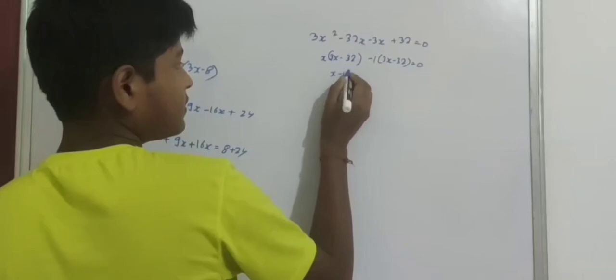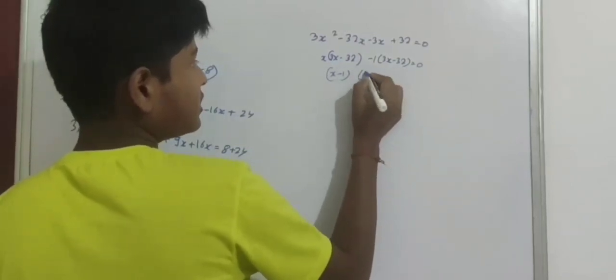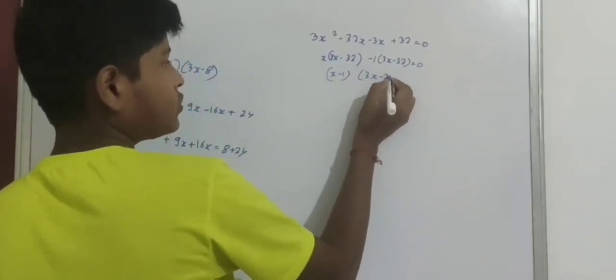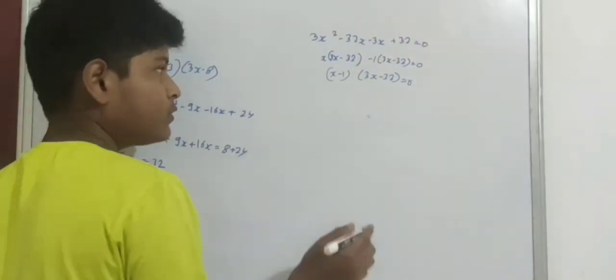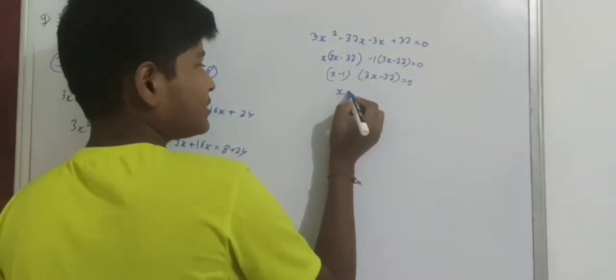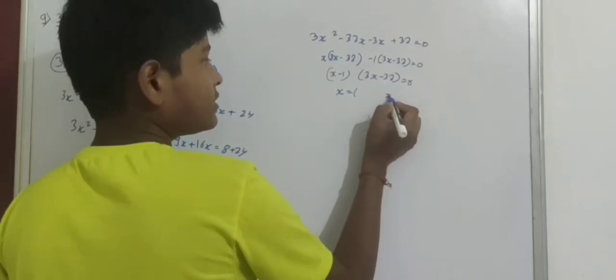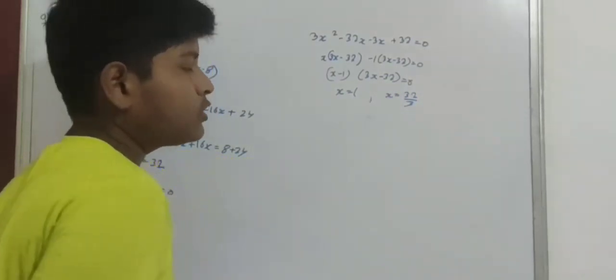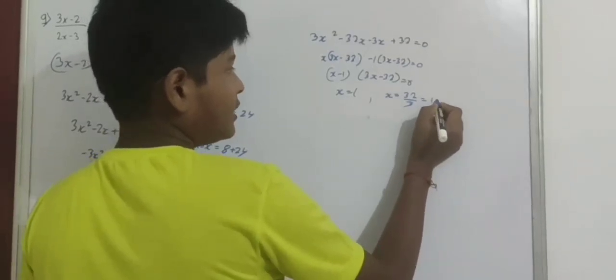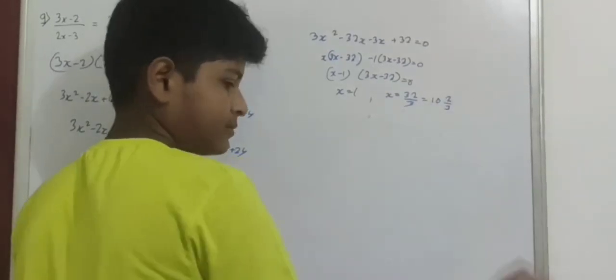So x minus 1 and 3x minus 32 equals 0. Now solving these two individually, this will come x is equal to 1 and this will come x is equal to 32 by 3. So these two are your roots.